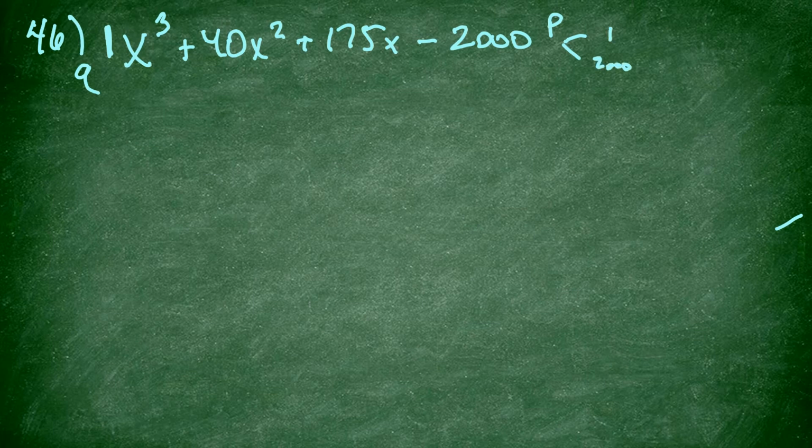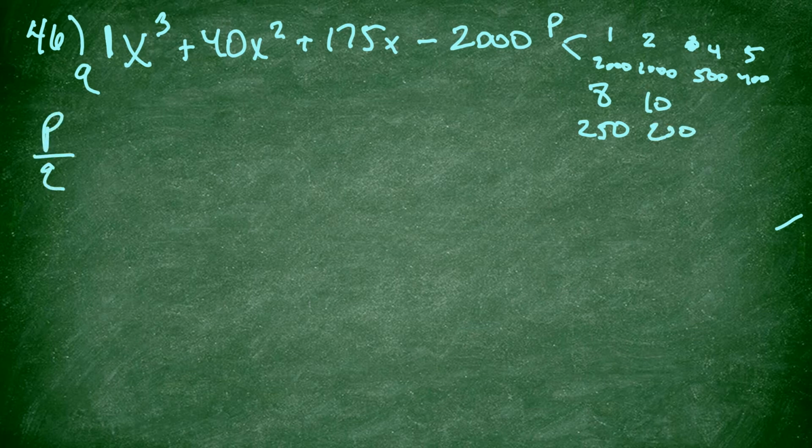So 1 and 2,000, 2 and 1,000, 3 doesn't work, 4 and 500, 5 and 400, 8 and 250, 10 and 200. When I make my p's over q's, you can go more. There are more factors, but I promise you that's more than plenty for what we need. Plus or minus 1, plus or minus 2, plus or minus 4, plus or minus 5, and so forth.